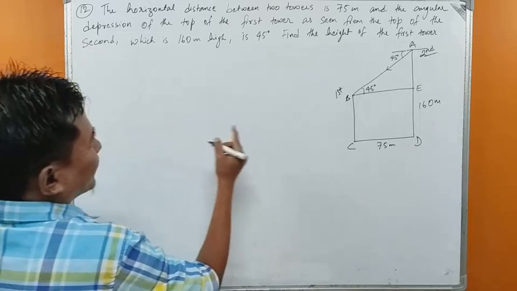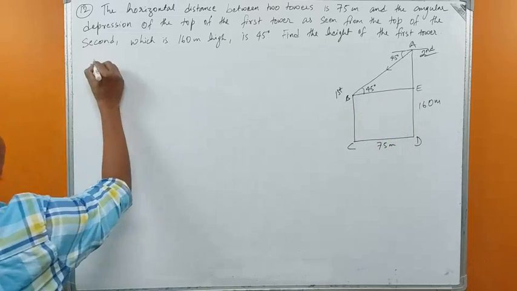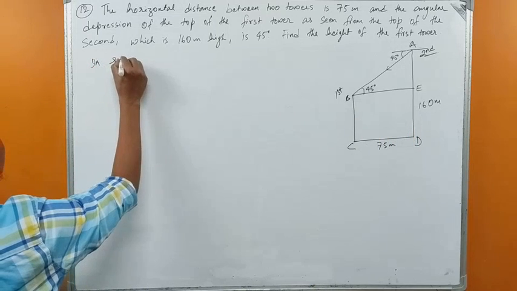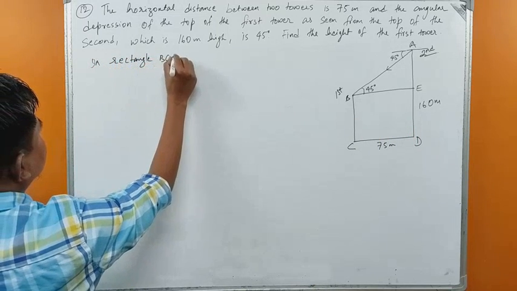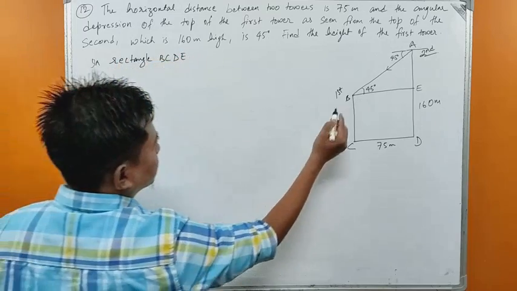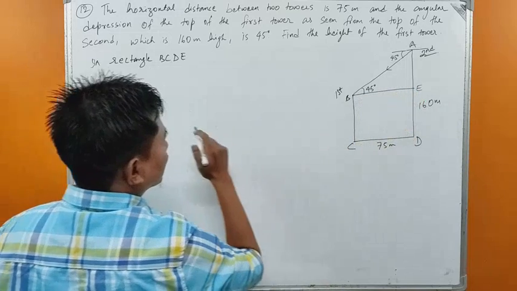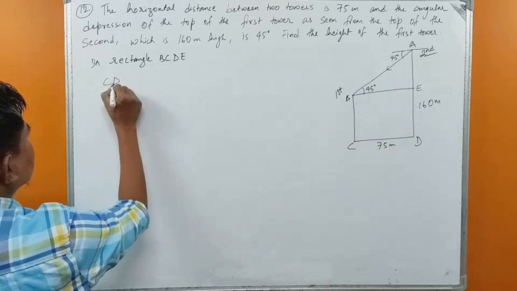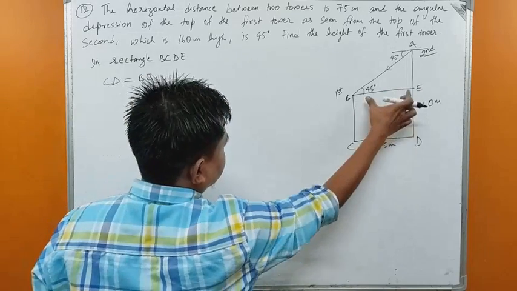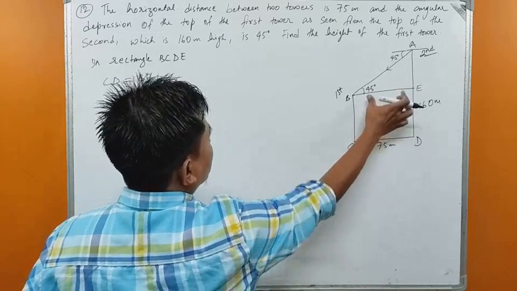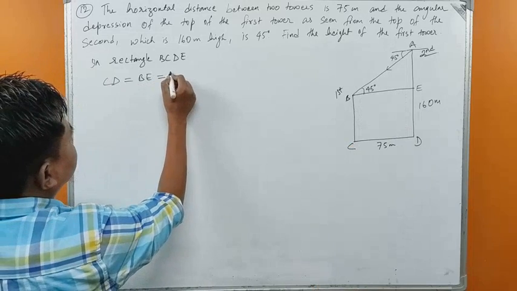In rectangle BCDE, CD and BE are equal, because opposite sides of a rectangle are always equal, and CD is given to us as 75 meters.